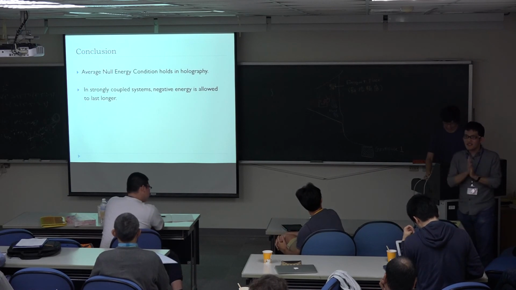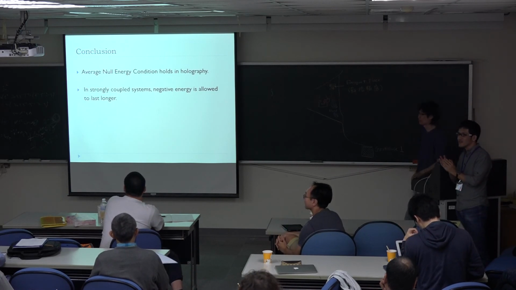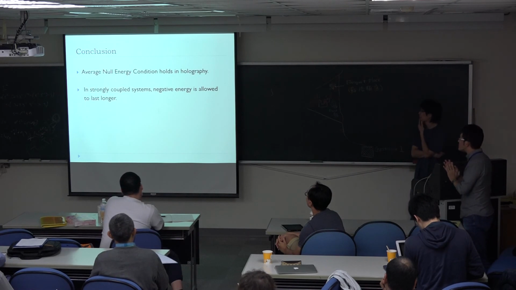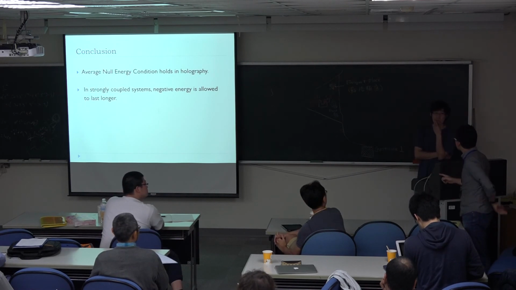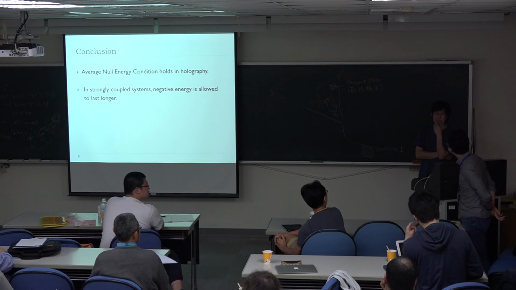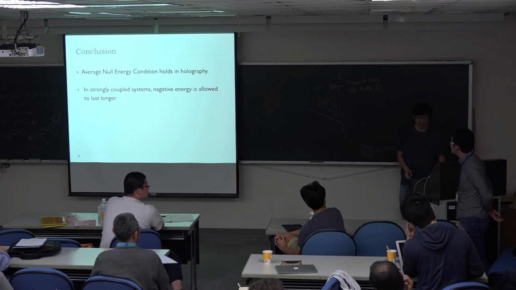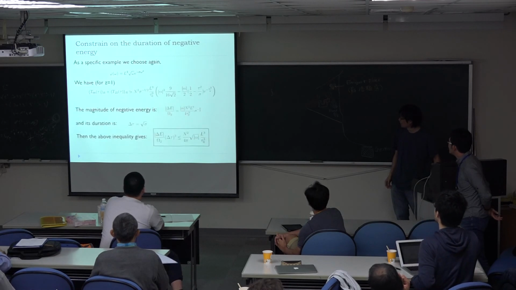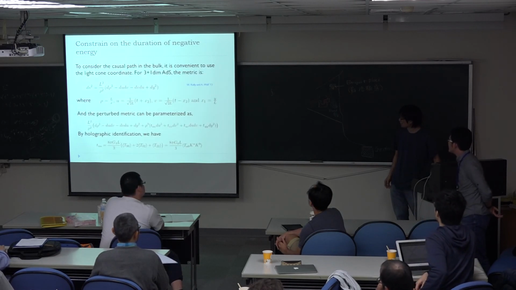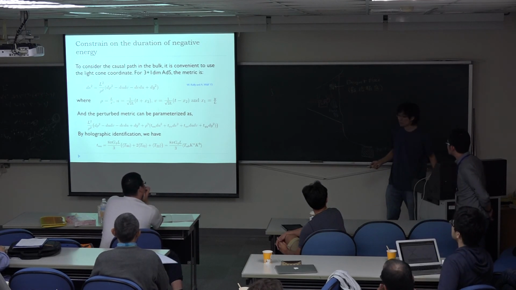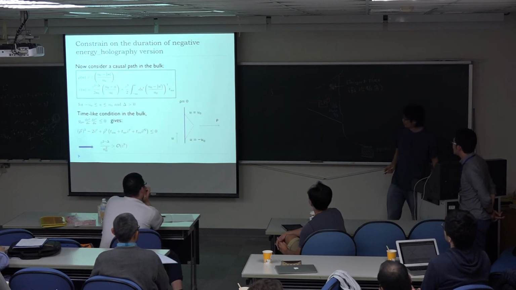Any questions? I'm just curious, for the holographic calculation, did you take the large N limit? Yeah, certainly, because we only consider the classical limit in the gravitational background. So the bound is proportional to N squared. This is correct for the large N limit.